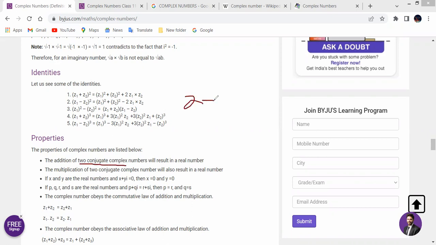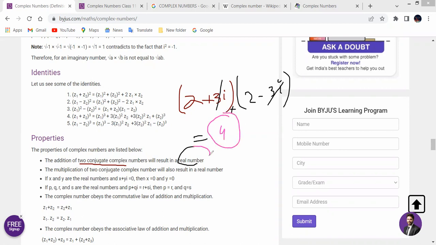Simply, if I write 2 plus 3 iota, the conjugate of 2 plus 3 iota will be equal to 2 minus 3 iota. If we add, our result is a real number. How? Because plus 3 iota will be cancelled out with minus 3 iota, so 2 plus 2 will be equal to 4, which is a real number. So if we add a complex number and its conjugate, our final answer will be a real number.